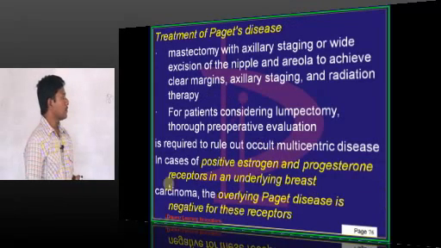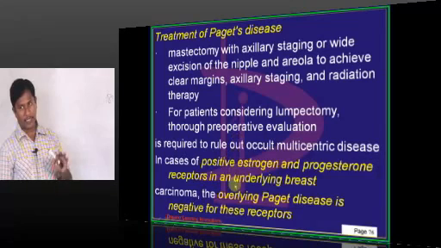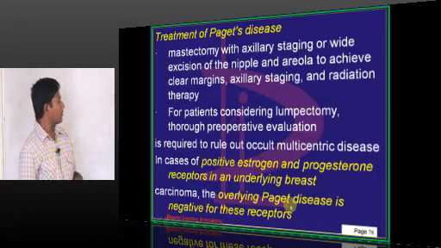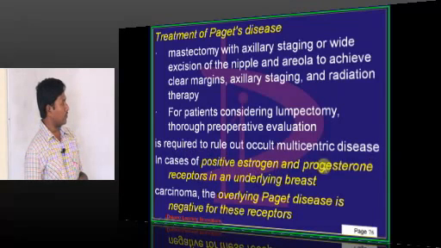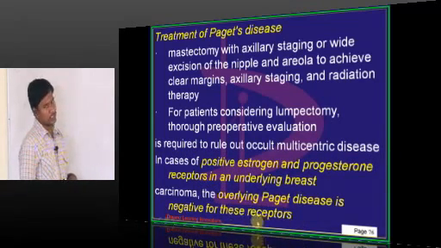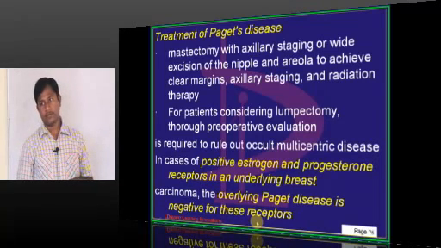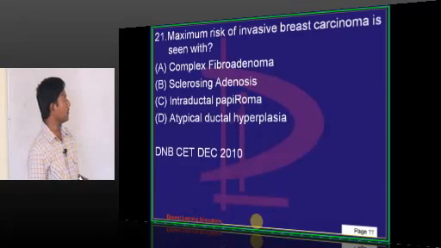So Paget disease, majority of times we have an underlying carcinoma there, and in cases of positive estrogen progesterone receptors, the overlying Paget disease is negative for these receptors. Negativity is more common, right.